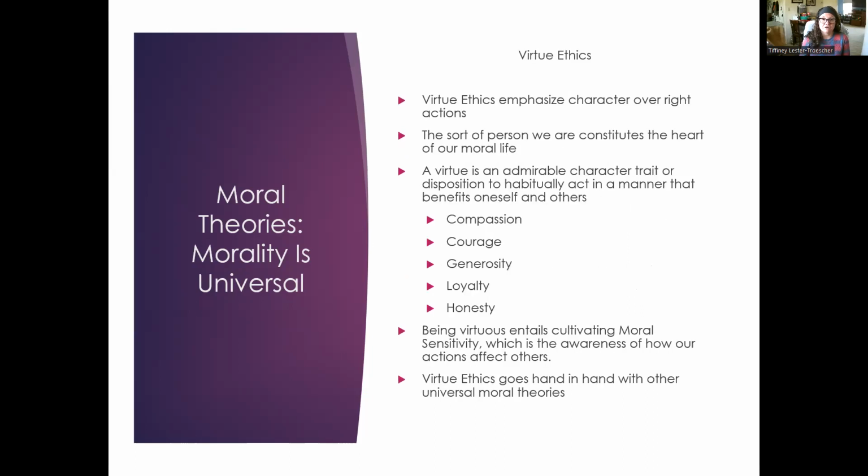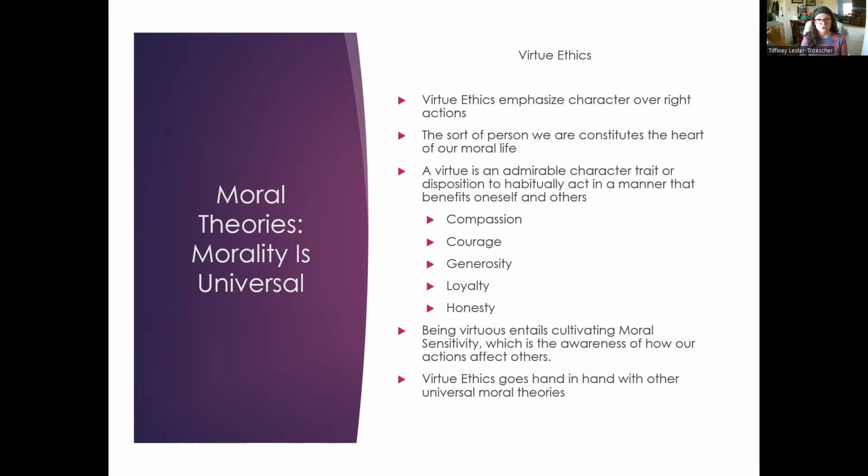All right. Then we have our virtue ethics. Virtue ethics emphasize character over right action. So the sort of person we are constitutes the heart of our moral life, not what we do. A virtue is an admirable character trait or disposition where we habitually act in a manner that benefits ourselves and others.